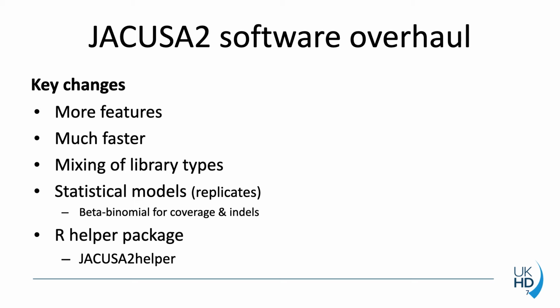So using either the Dirichlet multinomial distribution for base substitutions and the beta binomial distribution for coverage changes or insertion-deletion events. This has been complemented now by an R package, which we call the Jacusa2 helper package, which facilitates easy downstream analysis of the software output of Jacusa2.